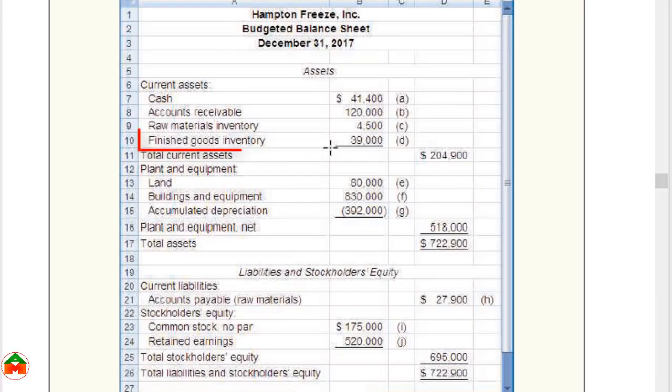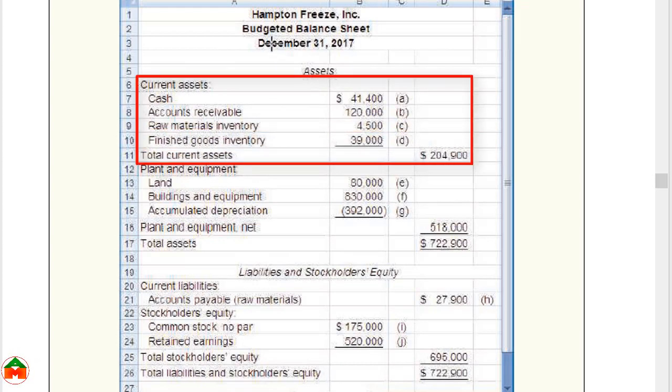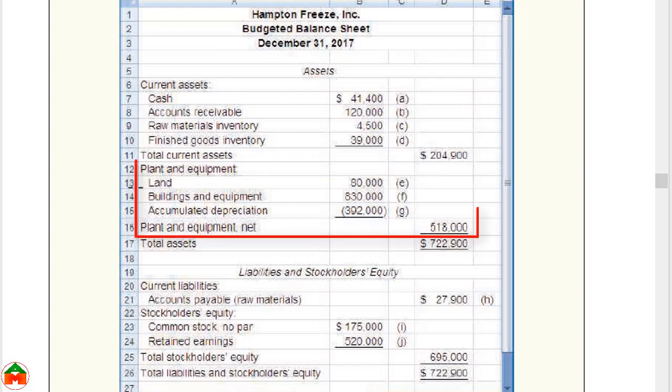So here we have shown 39,000 as a balance of finished goods inventory. So these are the current assets in this budgeted balance sheet. If we sum up all the current assets, our total current assets would be 204,900.